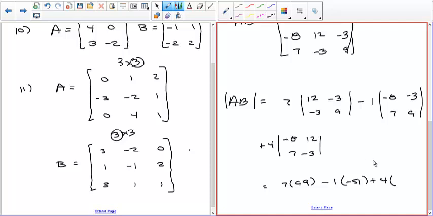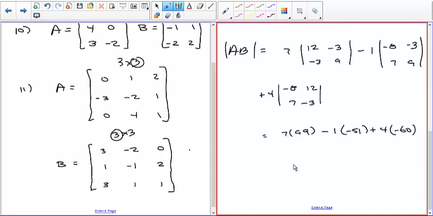So that's negative 60. So we take 7 times 99 minus 1 times negative 51 plus 4 times negative 60.